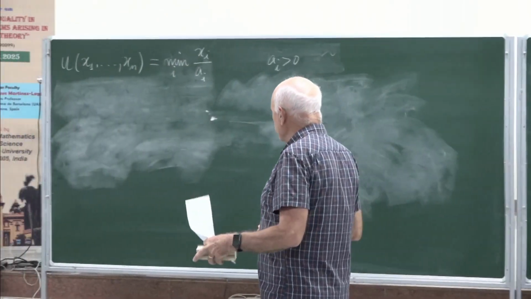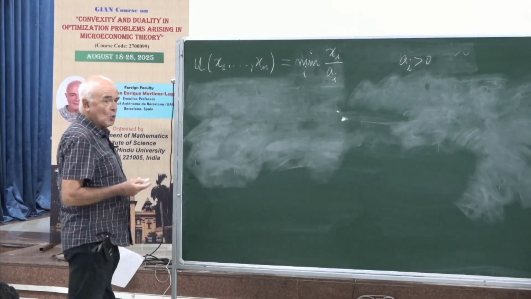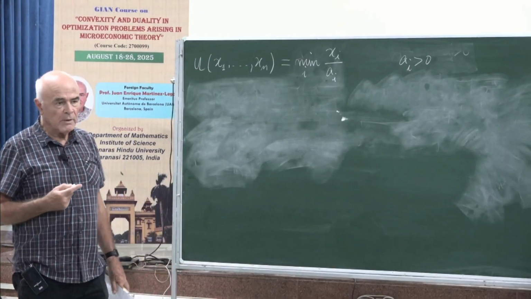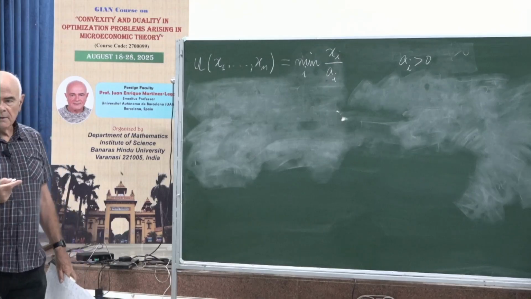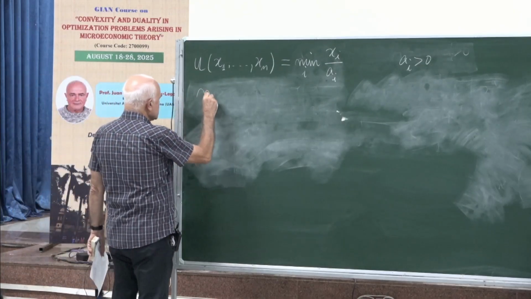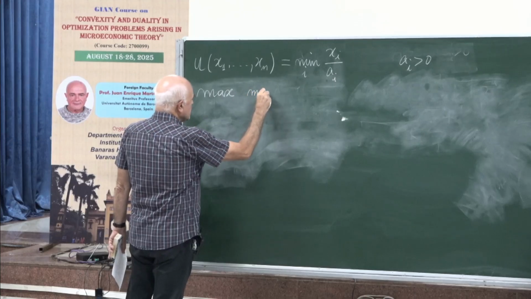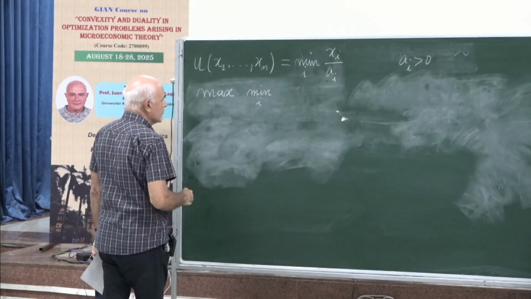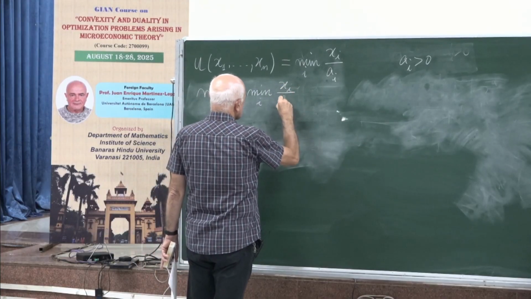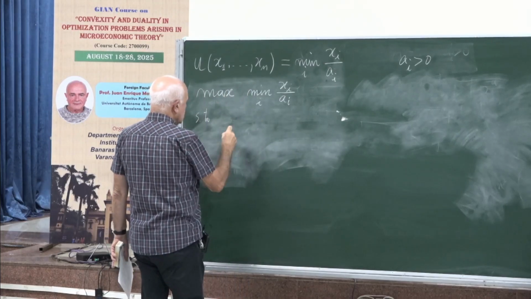So let us solve the consumer utility maximization problem for this particular utility function. So we have to maximize this utility function subject to the budget constraint.